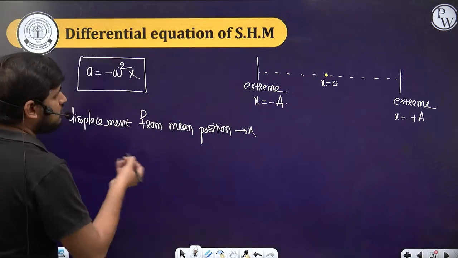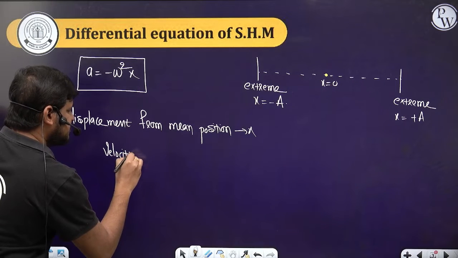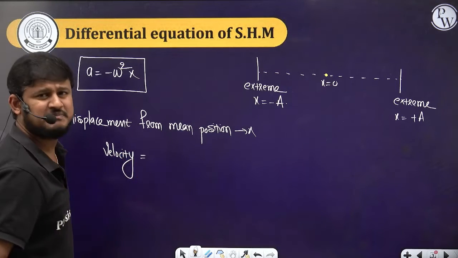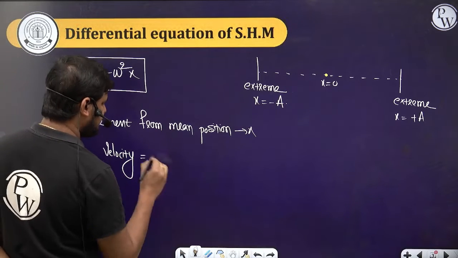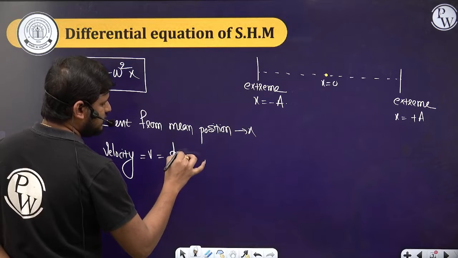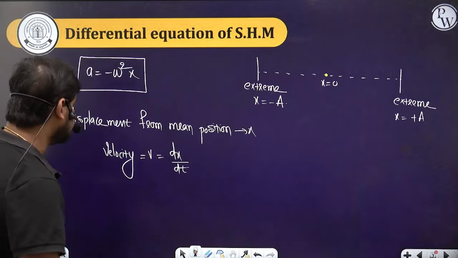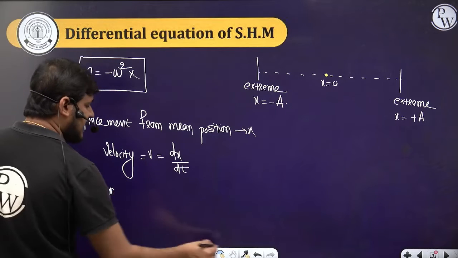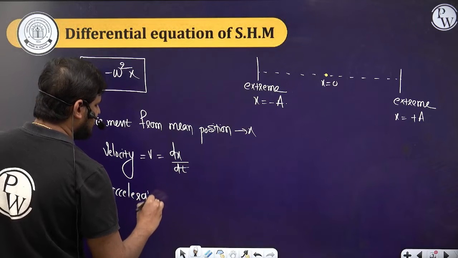Chalo. If I have to find the velocity, simply by differentiating, the basic kinematics we have learned, the velocity v will be equal to dx by dt. This point is also clear? Then what will be the acceleration of the particle performing S.H.M?